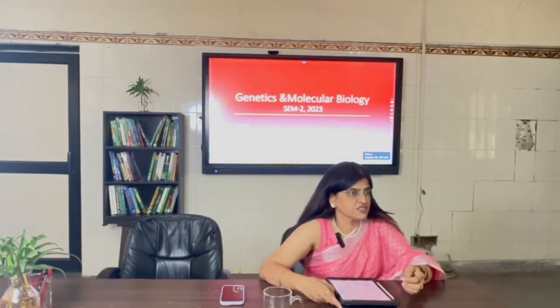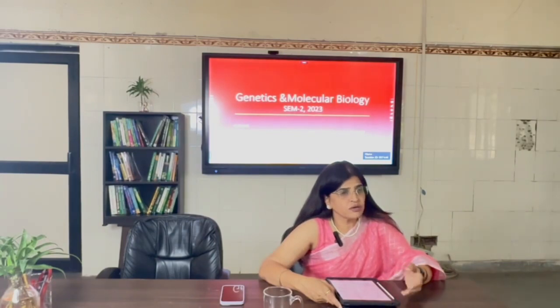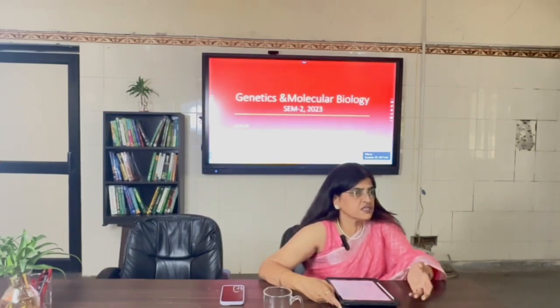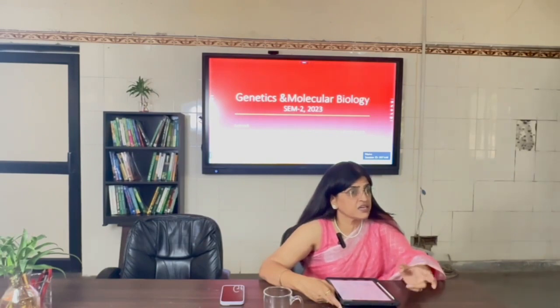The next thing written in the NEP syllabus is the molecular basis of mutation. In point mutation one base is changed, in deletion a segment of chromosome is gone, in duplication it gets duplicated, and the expression is different.